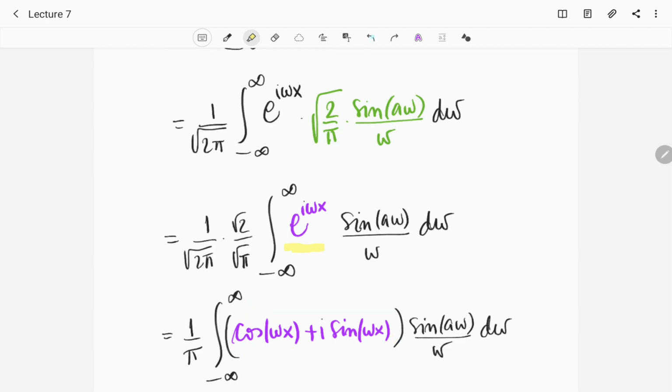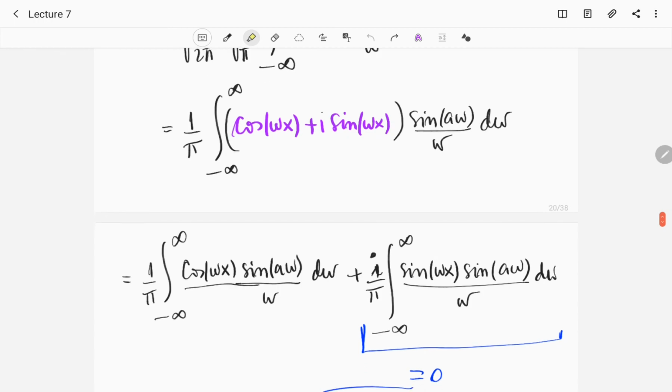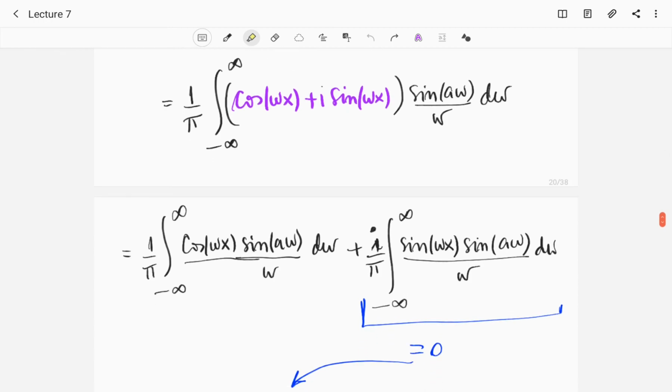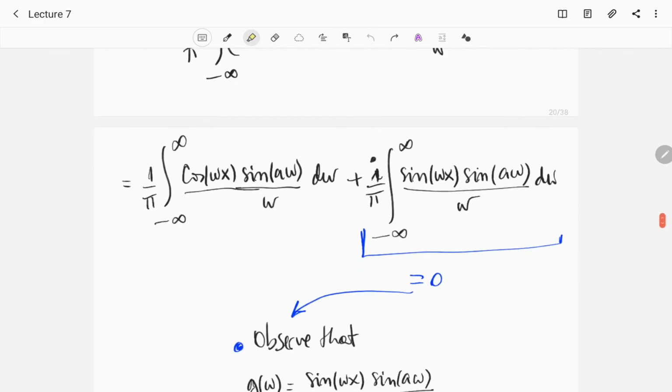So remembering this and distributing this sum here, we can rewrite this integral as the following two pieces, two integrals. Here we have the first one with the cosine, and the second one with the sine, and this i is just a number, that's why it can go out from the integral. So now we need to compute these guys.